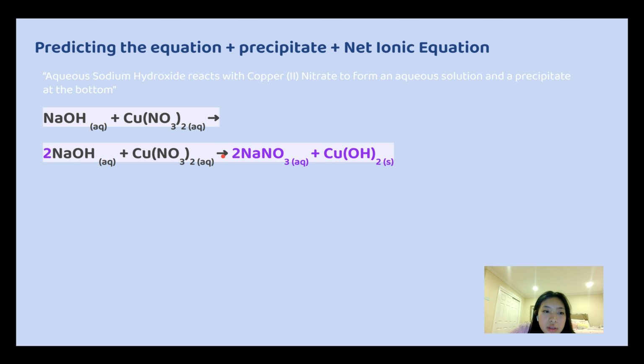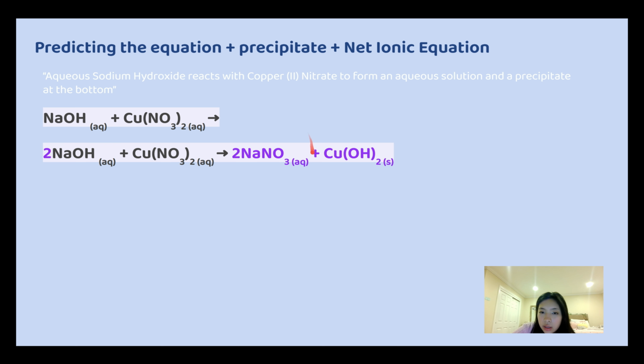Look at the charges. Over here, on the reactant side, you're given 2 nitrates. But on the product side, you only have 1. That's why we have a coefficient of 2 to balance this out. But then, since we have a coefficient of 2, we have 2 sodium, so we have to move a coefficient of 2 over here to balance that out.